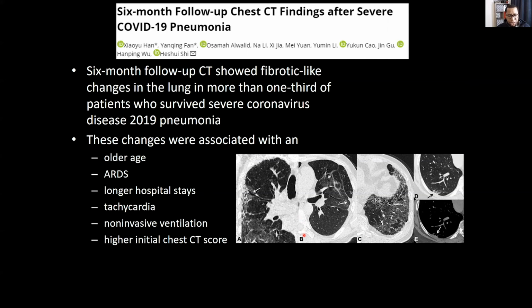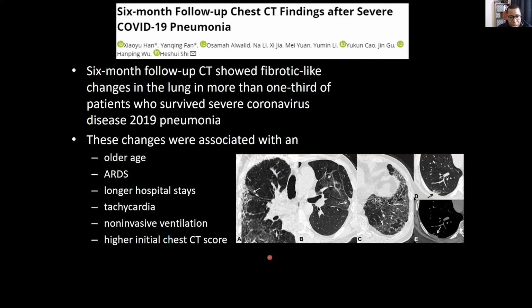So as you start to image patients further out, we're now starting to see basically patients that have organized pneumonia, which is progressing to fibrosis. So these are just some images that show you some of the more long-term sequelae that we're seeing in COVID-19 patients now that we have to be on the lookout for.